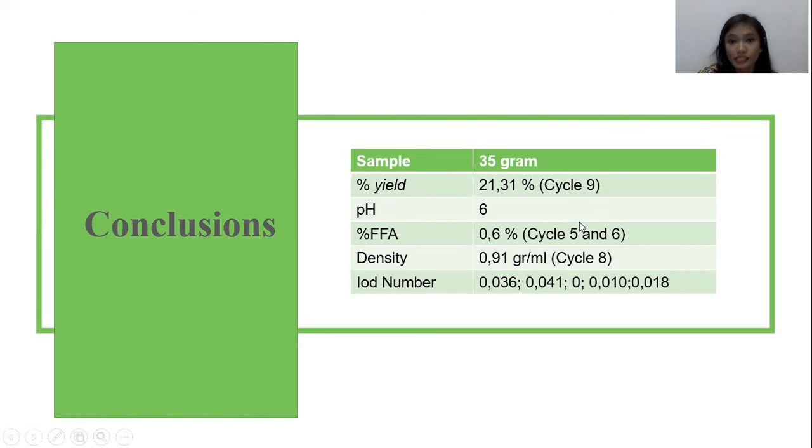The pH is 6. The free fatty acid is 0.6% at circles 5 and 6. The density is 0.91 gram per milliliter at circle 8. The iodine number is like this result.